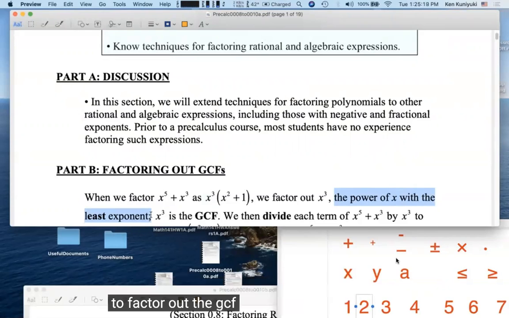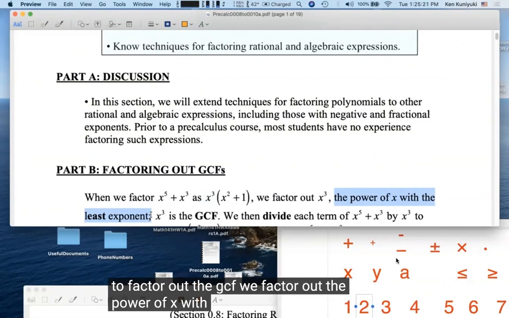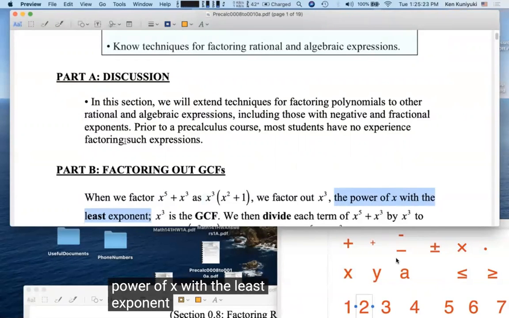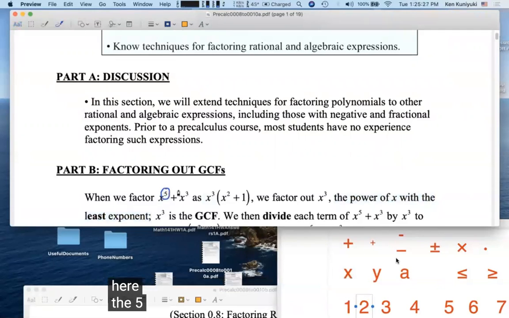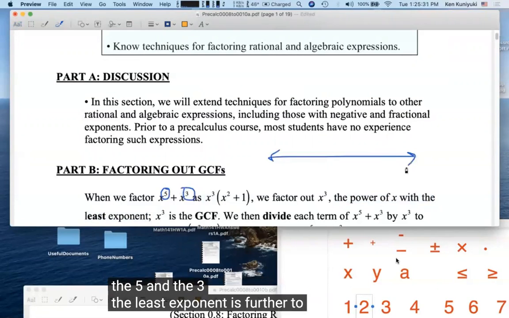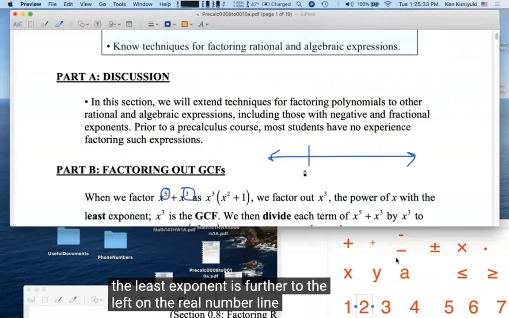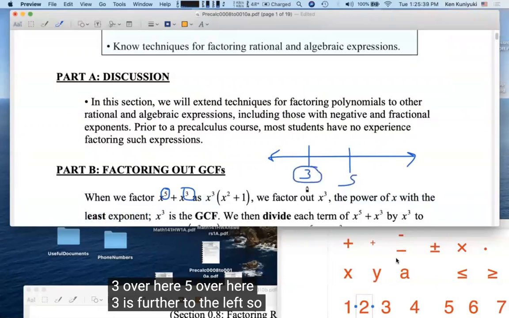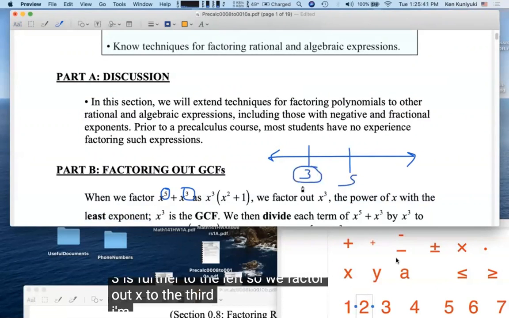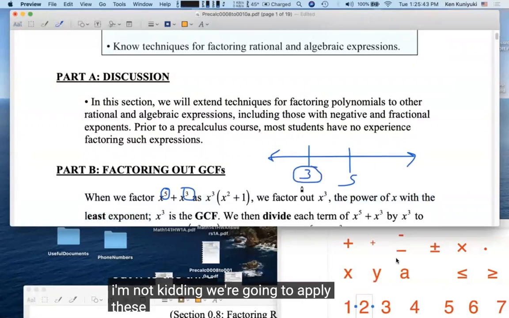To factor out the GCF, we factor out the power of x with the least exponent. If you look at the exponents, the 5 and the 3, the least exponent is further to the left on the real number line. 3 over here, 5 over here, 3 is further to the left, so we factor out x to the 3rd.